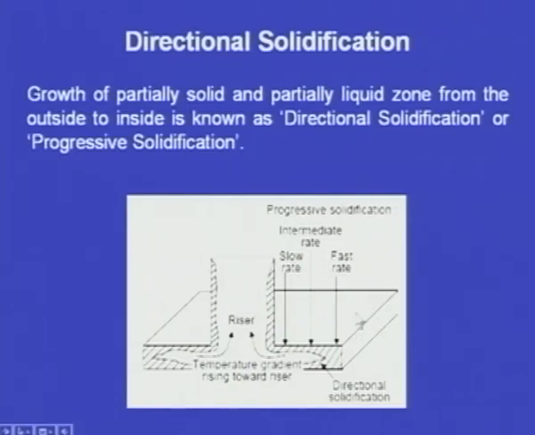As per the directional solidification of the casting, the solidification has to start from the end which is away from the riser. There the solidification has to start, and slowly the solidification has to propagate towards the riser. That is the directional solidification.